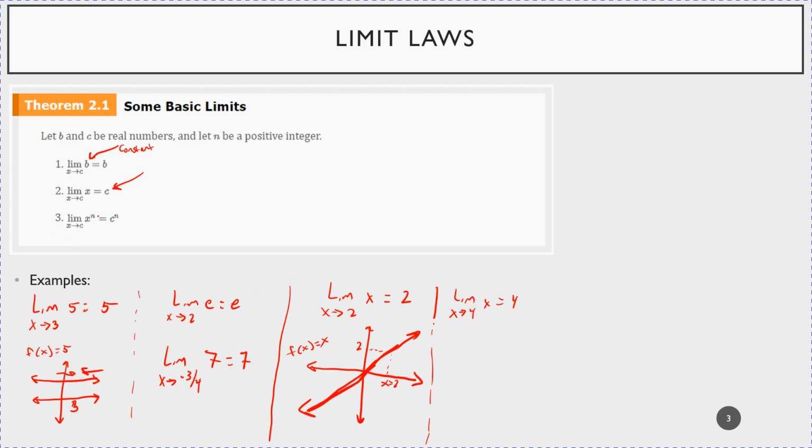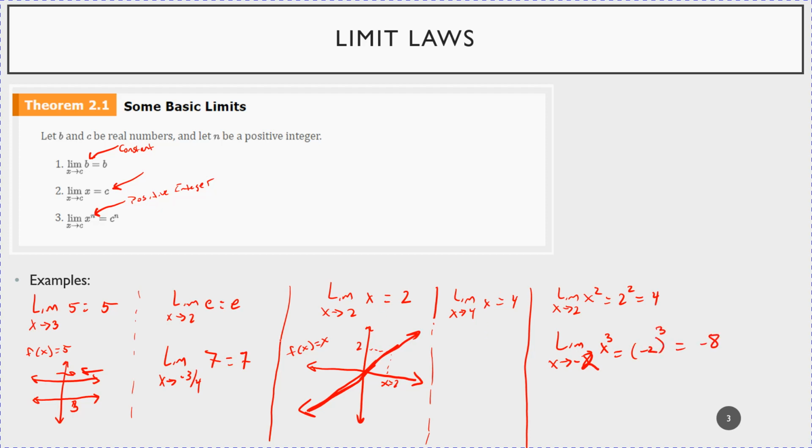And then, as long as n is a positive integer, if you have the limit as x goes to c of x to the n, you're literally going to plug c in. For example, the limit as x goes to 2 of x squared is just 2 squared, which is 4. Or the limit as x goes to negative 2 of x cubed is negative 2 to the 3rd power, which gets you negative 8.